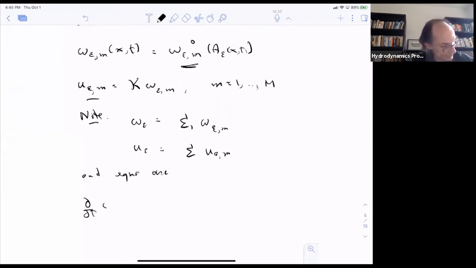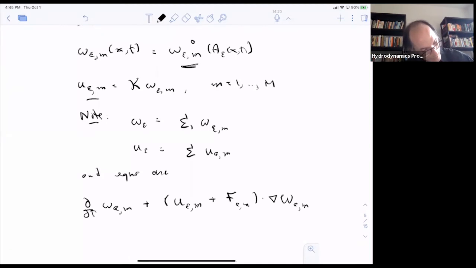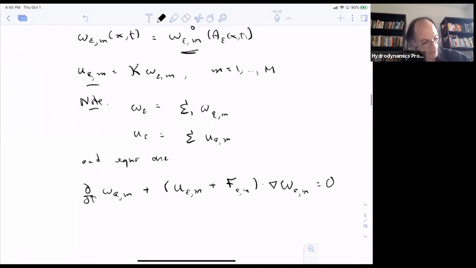∂_t of omega epsilon m plus u, and this should hold for every capital M. And so what is this?